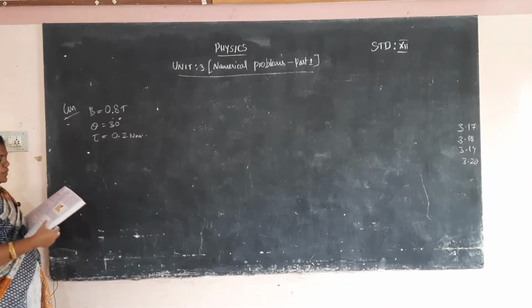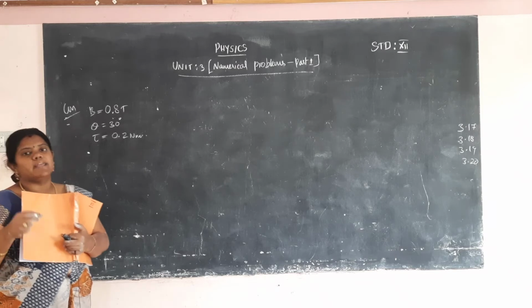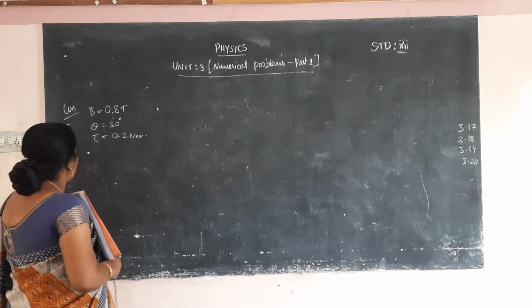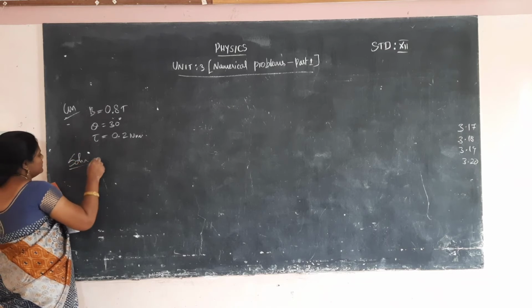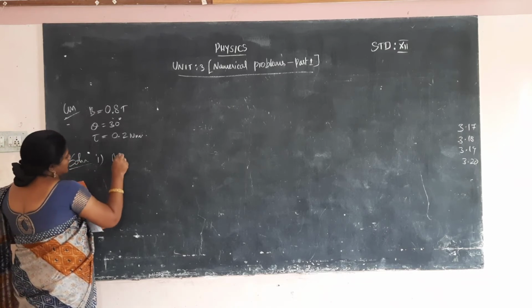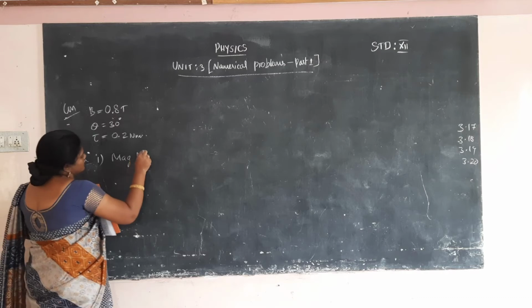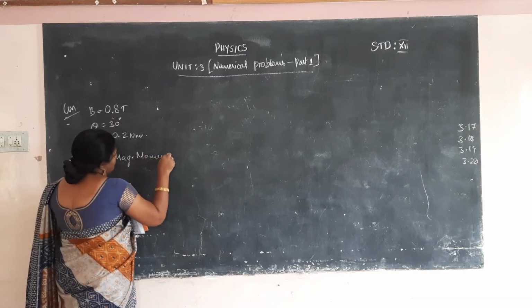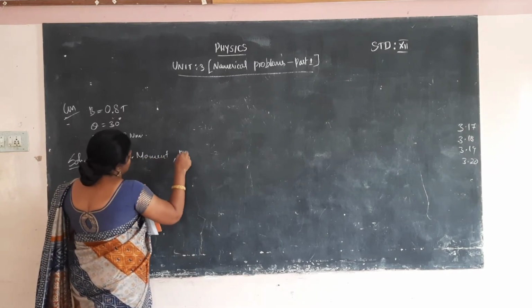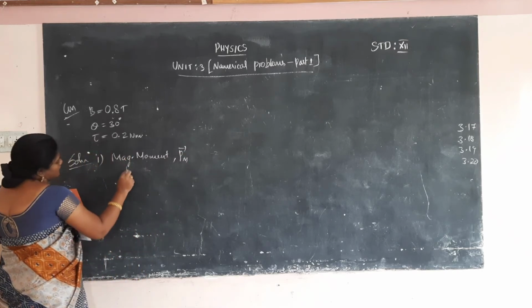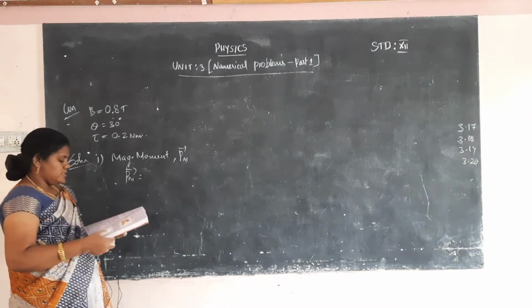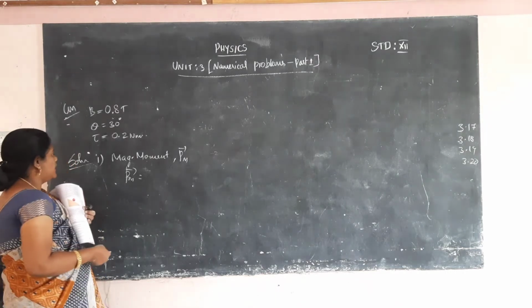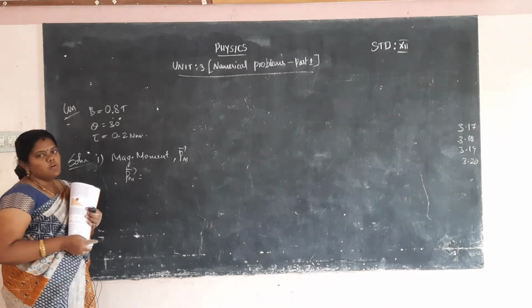Okay, first question is the magnetic moment of a magnet. So what's the formula for magnetic moment? Solution, first question, magnetic moment of a magnet. Magnetic moment Pm vector is equal to, it will be derived from the torque value.